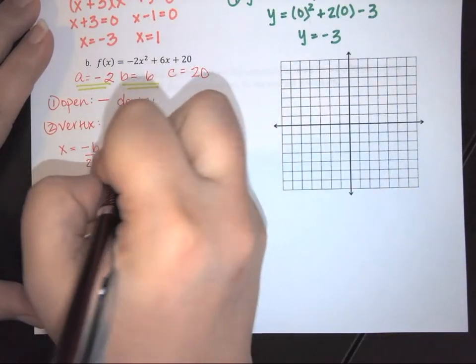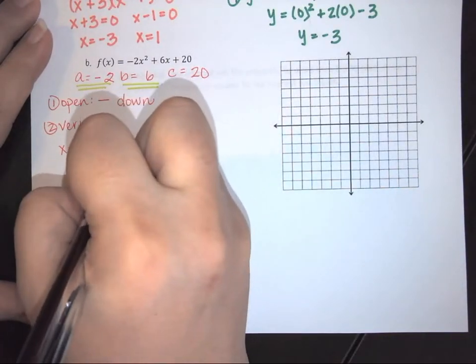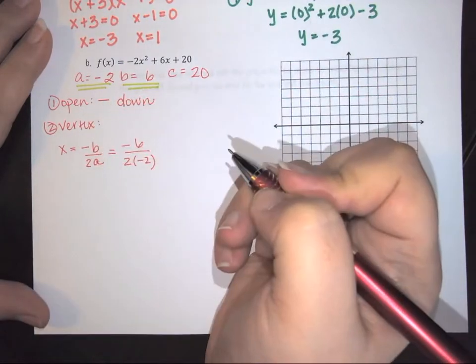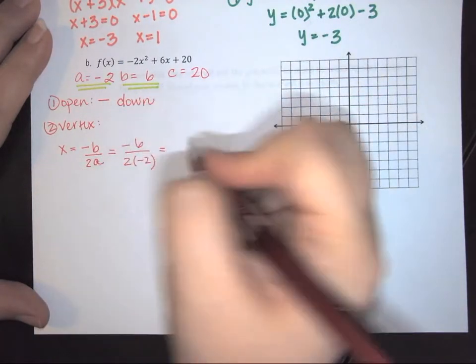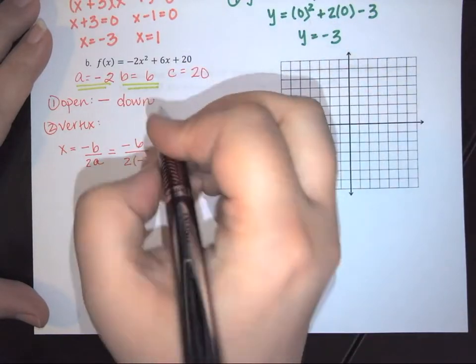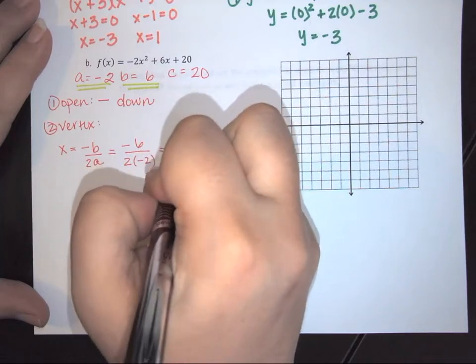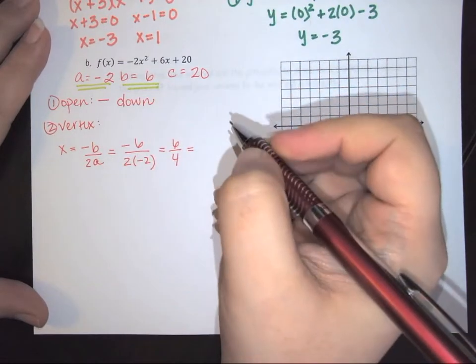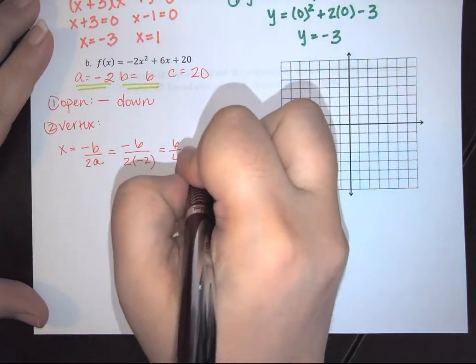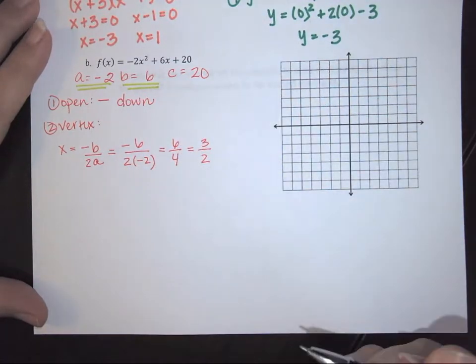My b is 6, so this is negative 6 over 2 times a negative 2. Negative and negative becomes positive. 2 times 2 is 4, so this is 6 over 4. But remember, you always have to reduce. So when we reduce this down, this becomes 3 over 2.